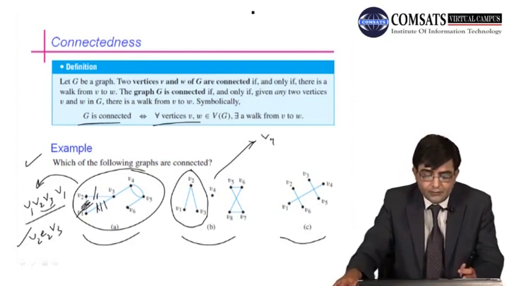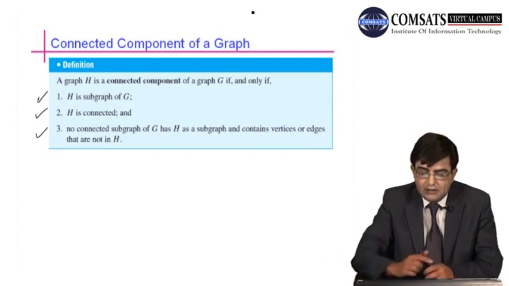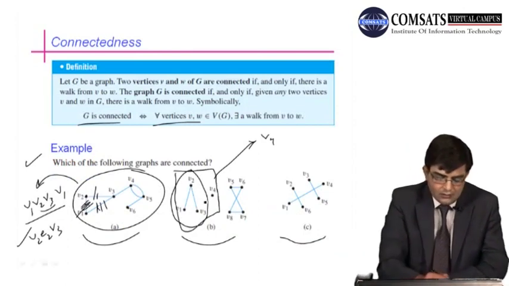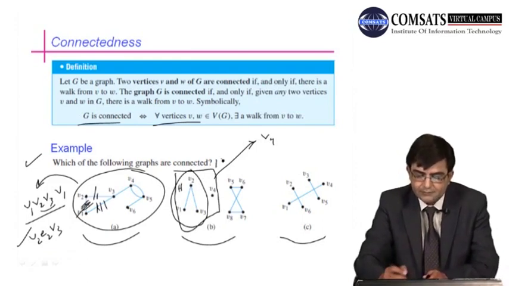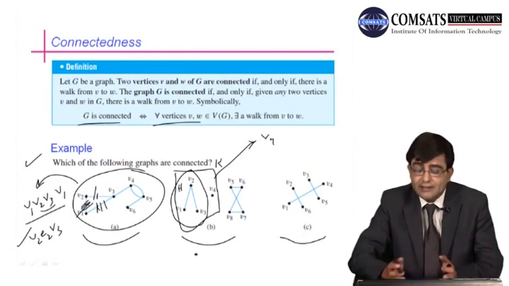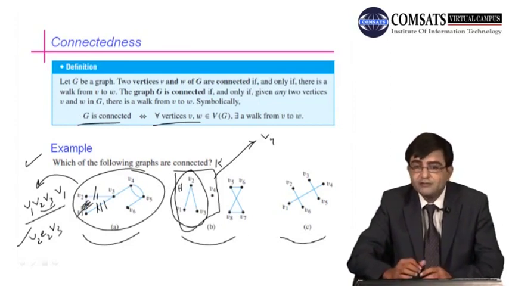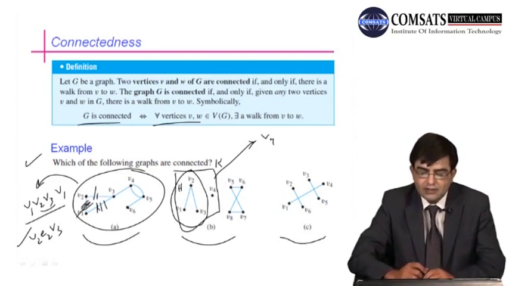So if this graph K, for example, contains H, it is also a subgraph of G, but it is not connected. So H is the largest connected subgraph of G, and no other connected subgraph of G contains H. Therefore H is a connected component of this graph.